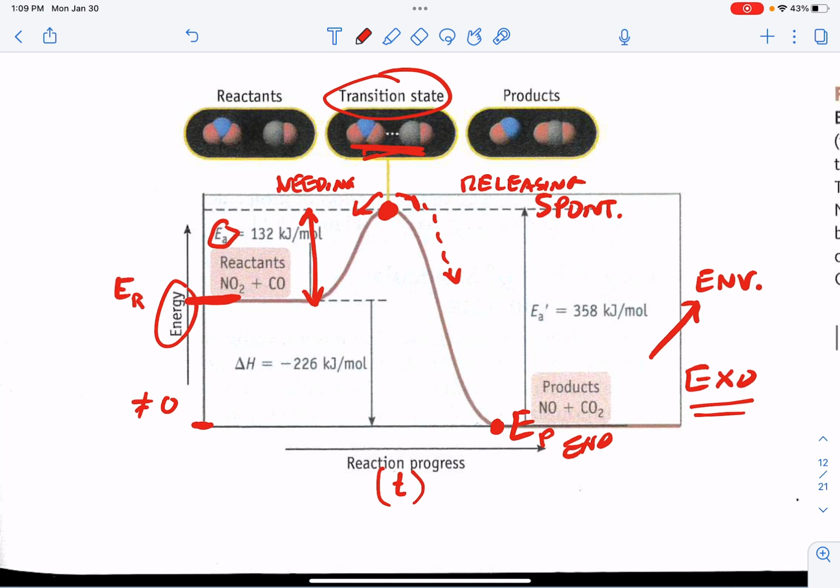That would require a temperature at 0 Kelvin, which you can approach but not achieve. And since we're seldom dealing with reactions that are that cryogenic, low temperature, we have to remember that in this graph, it does not go to 0 on the y-axis.